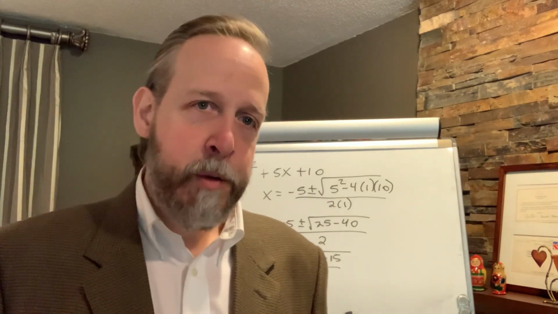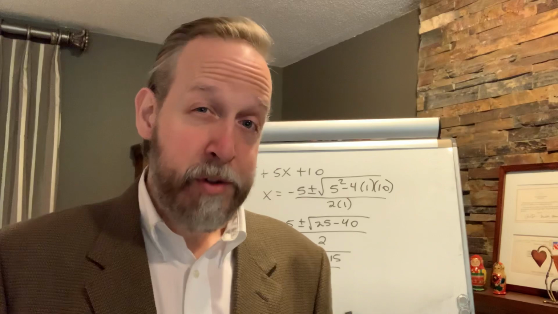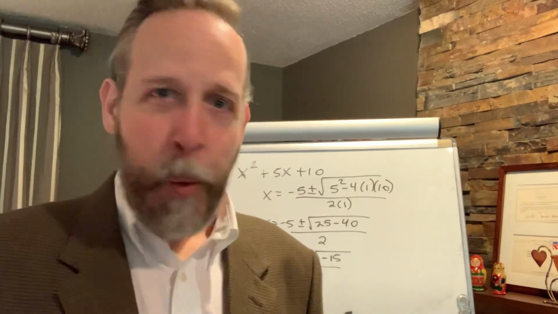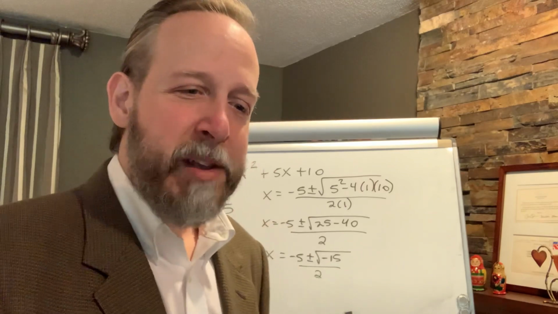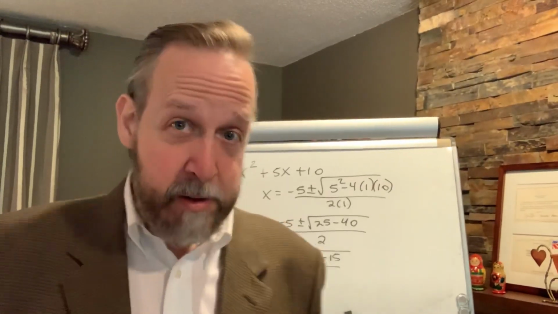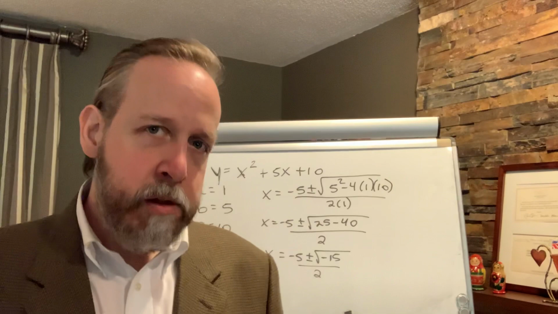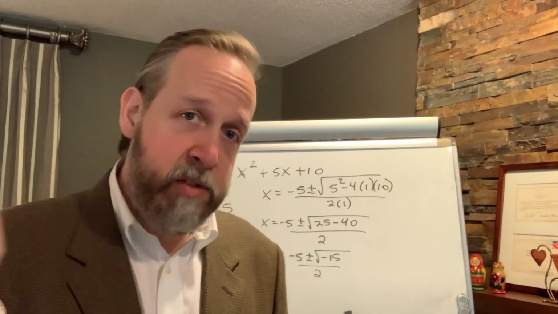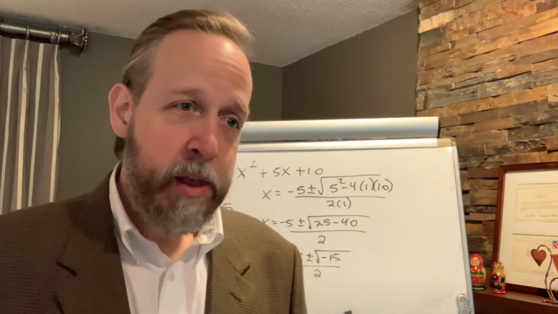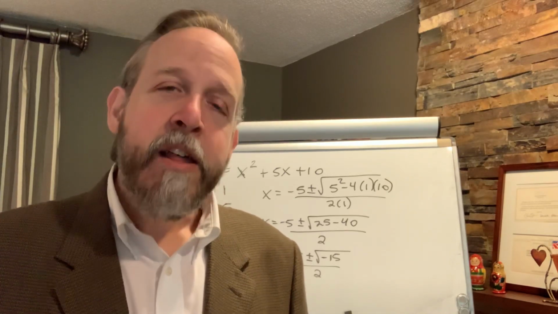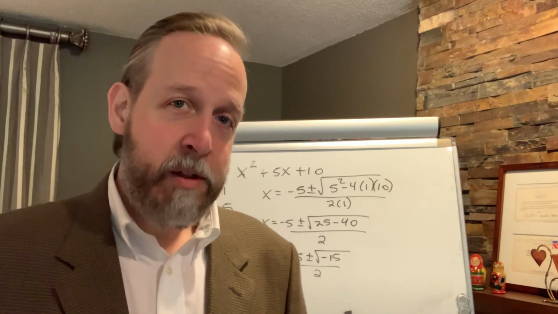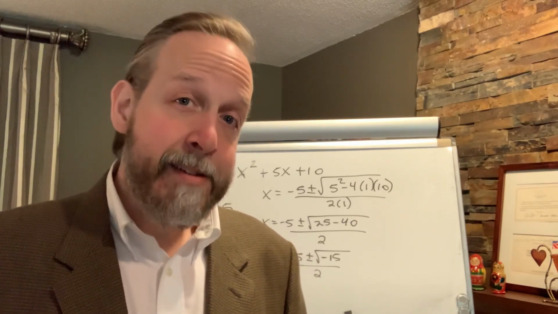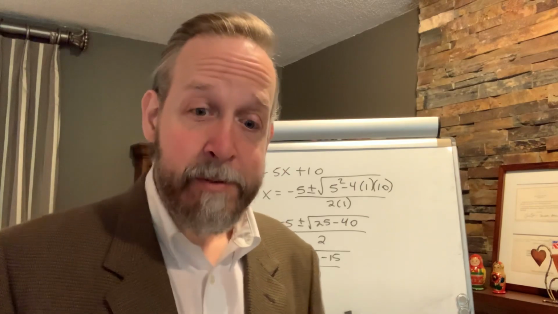We make a distinction here because you'll find out in Algebra 2, there are what we call complex or imaginary numbers. We're not doing that yet. That's coming next year. But there's no real square root to a negative number. So what do you do? Do you just erase the negative sign and say it didn't matter? No. This is the way you find out that there's no solution to this parabola. It does not cross the x-axis.